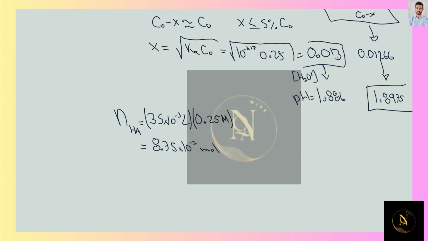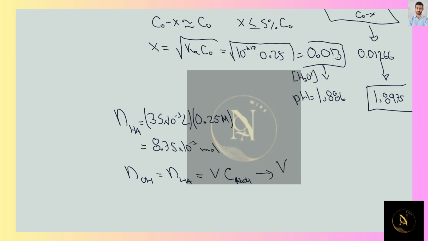And since we want to find the equivalence point, the amount of OH that we need to add needs to be equal to the amount of HA. That amount is equal to volume times the concentration of NaOH.